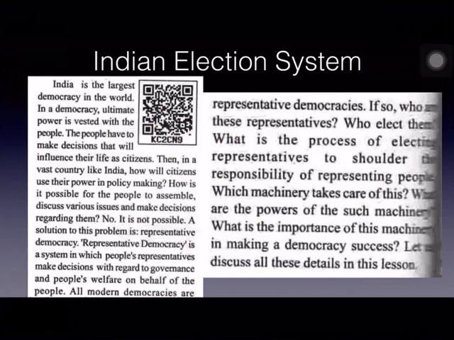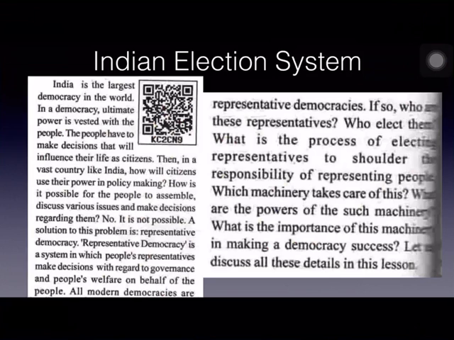Now, first let us see the types of democracy. There are two types of democracies: direct democracy and indirect democracy. In direct democracy, people can directly take part in the making of decisions. By assembling together and discussing various issues, they can take part directly in the democracy.